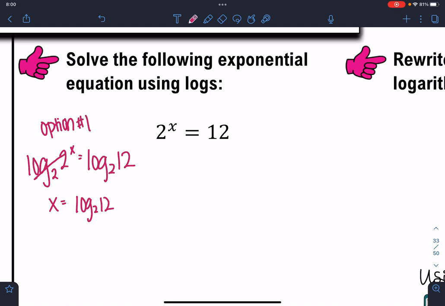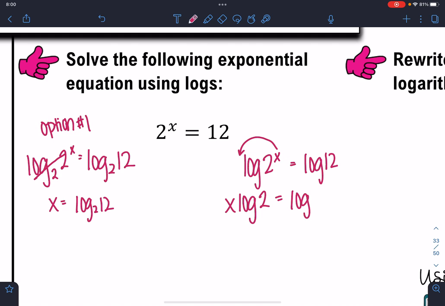Option 2, remember, was where I can just take the log base 10 of both sides, because your calculator does have log base 10. That's the log button. And when that happens, again, this doesn't cancel out. Log base 10 and 2 to the x power don't cancel. So we can apply our property here and move that variable to the front. x log 2 equals log 12.